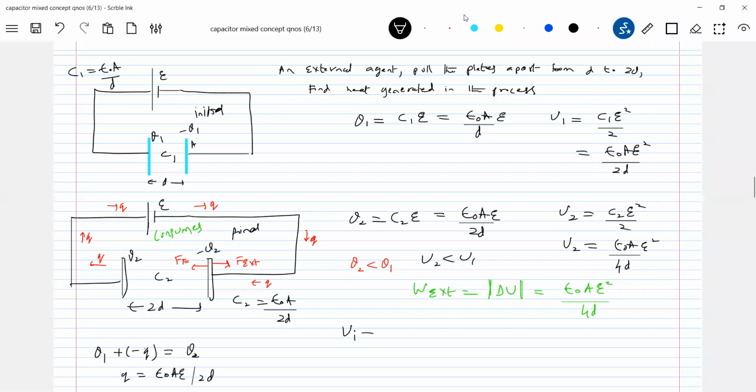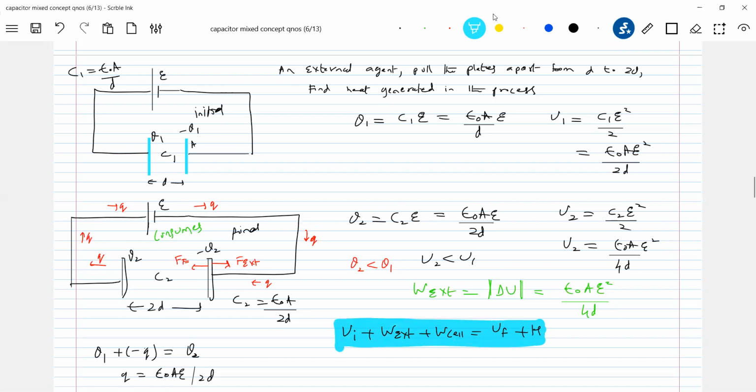Initial energy plus work done by the external agent plus work done by the cell should be equal to final energy UF plus heat. I'm bringing both here. Earlier we had them individually, no? Even the external agent and even the cell do work. Again, this is a generalized form of the equation. Now we'll write all the steps one by one.